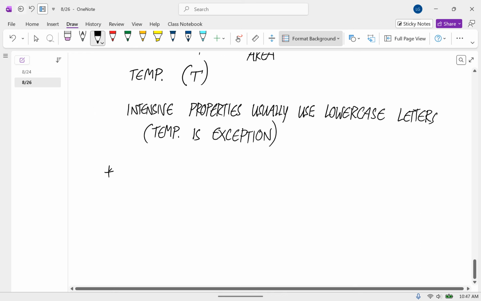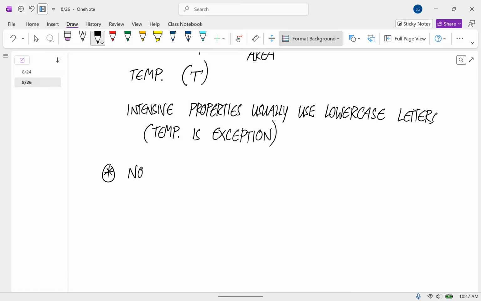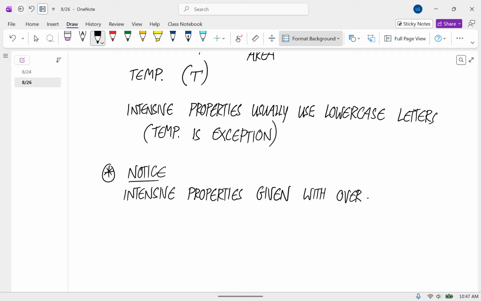So one thing I want you to notice is intensive properties given with an overbar, I'll draw what I mean, are measured per mole.